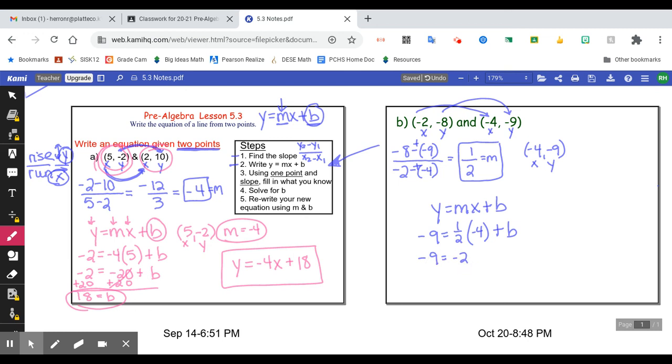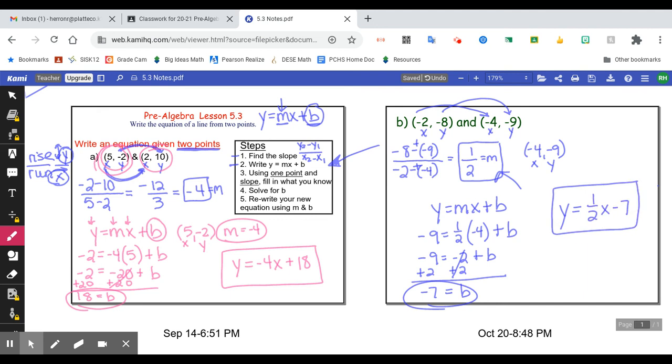Half of -4 is -2. This time I have to add 2. They cancel. -9 plus 2 is -7. Here's my b. Again, here's my m. Let's write it out: y equals 1/2 x minus 7.